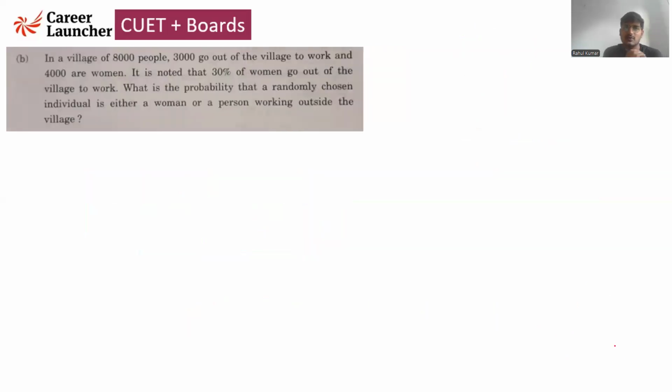Now we have the next part, which I think is an odd part. So in a village of 8,000 people, 3,000 go out of the village for work and 4,000 are women. So I will say A is go out for work.